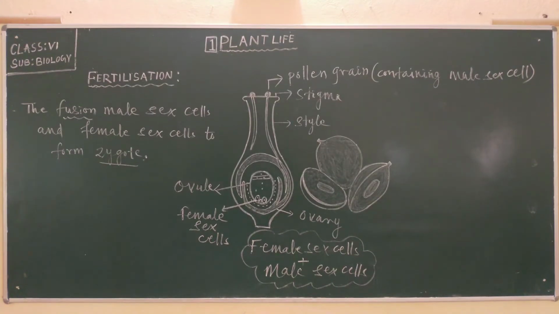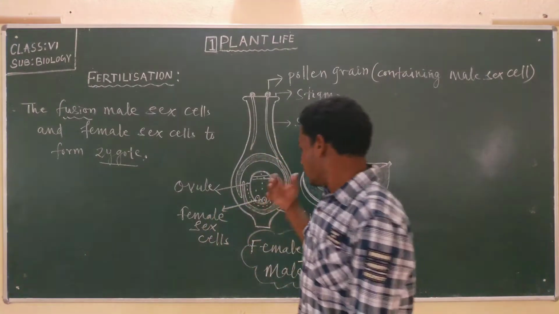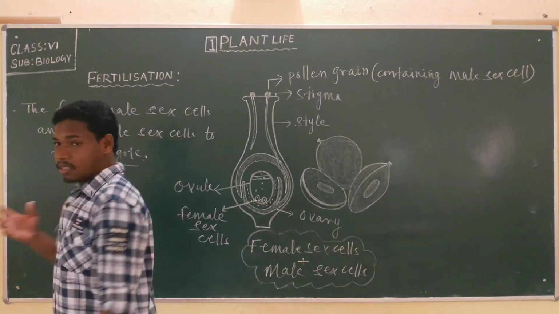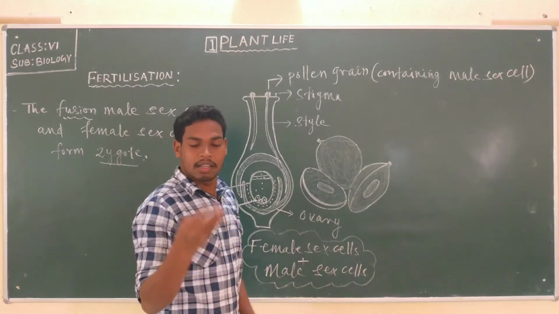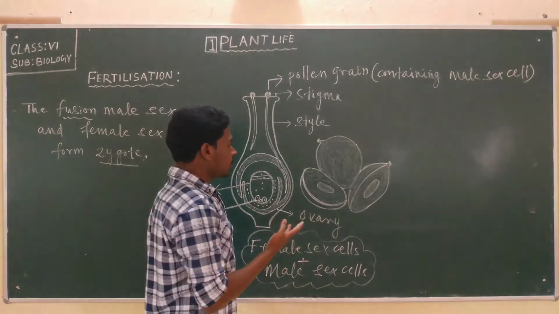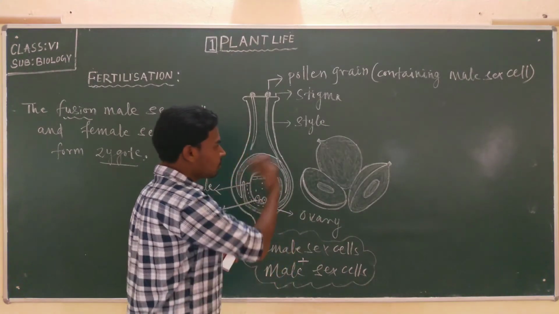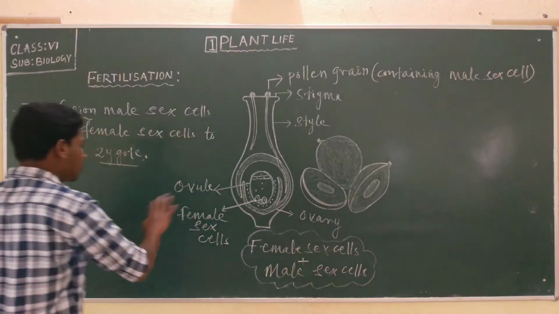So after fertilization, what happens to the flower? Now we will be discussing that. After fertilization, the floral parts, calyx, corolla and stamens, are going to wither off. That means they are going to fall off.